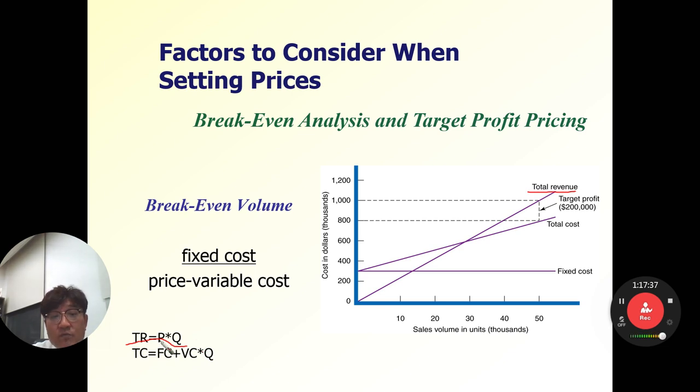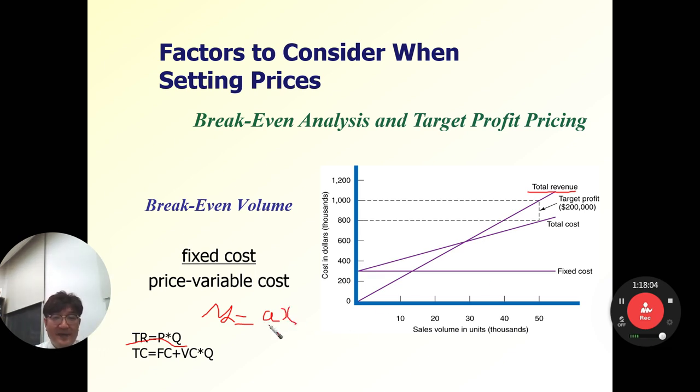You multiply price with quantity. Total revenue is P times Q. It is more like Y equals AX, right?